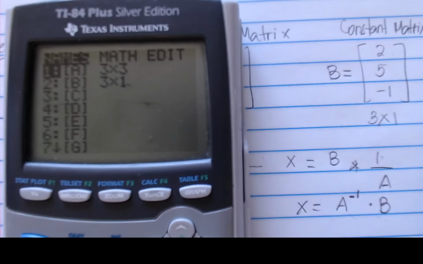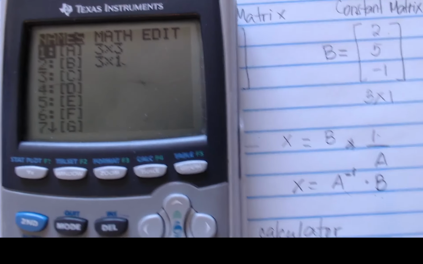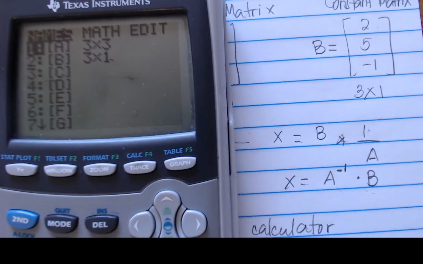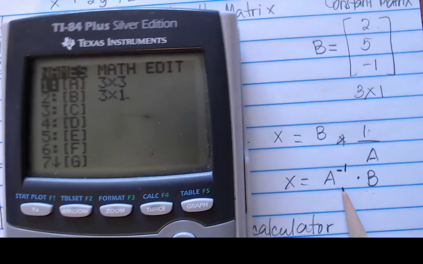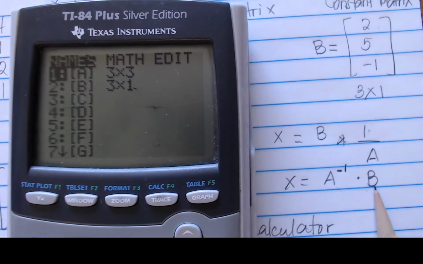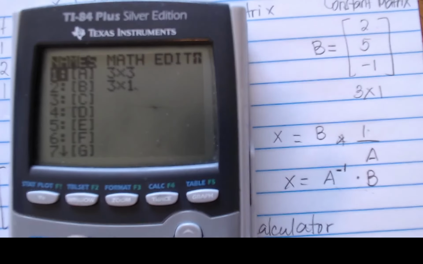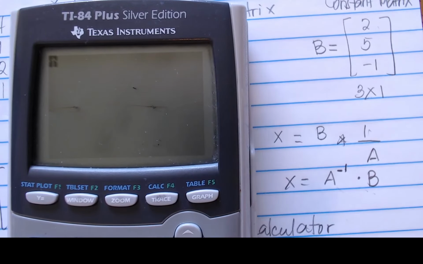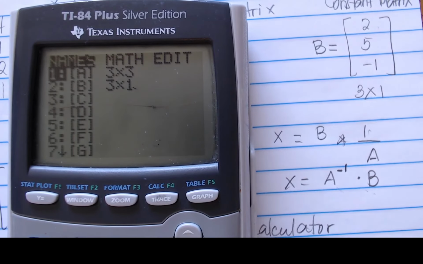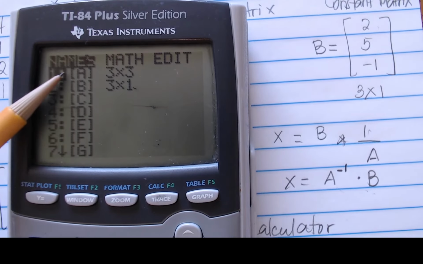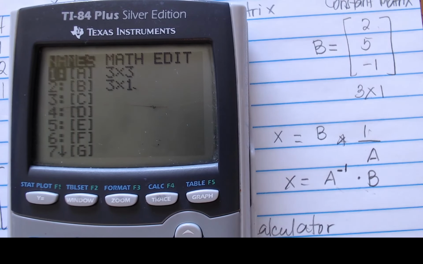So now we're going to multiply inverse of A by matrix B. Okay, so get out from here. Go to matrix. Get matrix A, which is this one. You're already there.